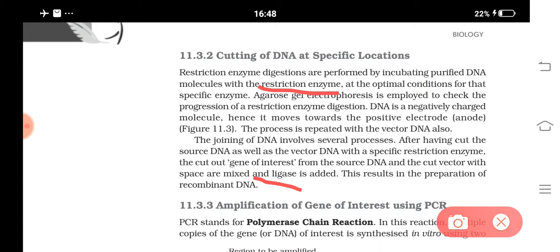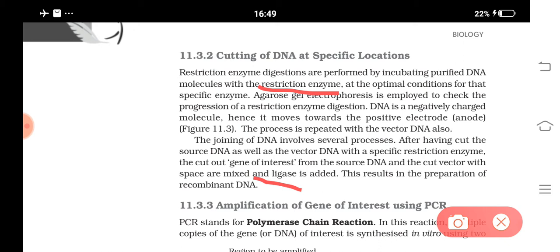Materials like proteases, lipases, RNases, etc. will be used appropriately for removing any impurities. Impurities means proteins, RNA, all that. After that, cut the DNA using restriction endonucleases.